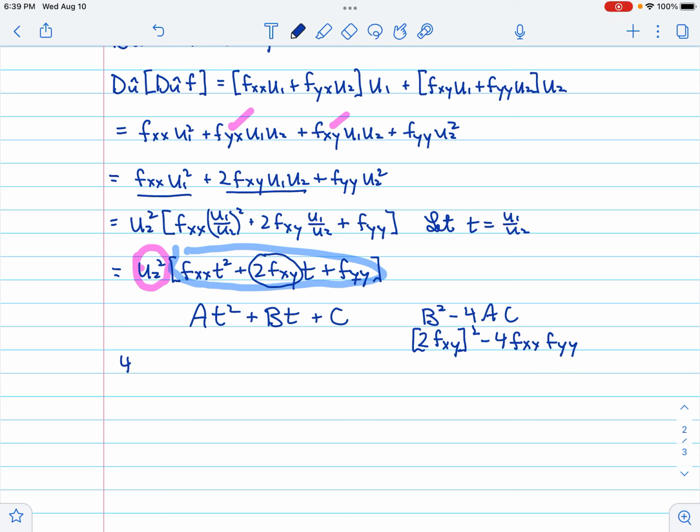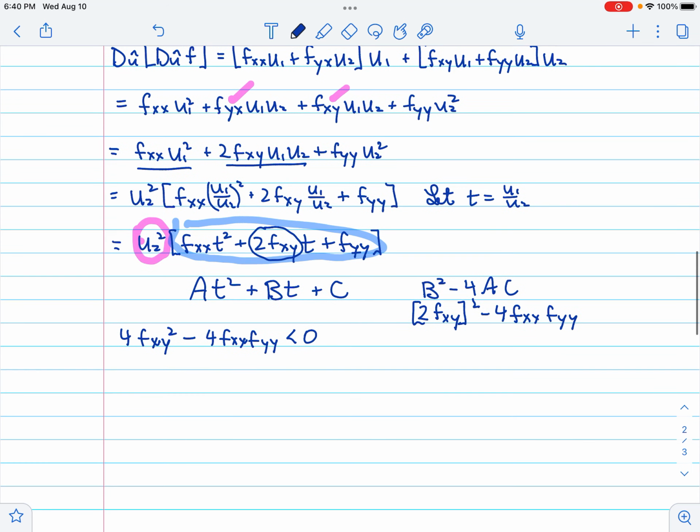We've got 4 fxy squared, minus 4 fxx fyy. And let's just set that equal to 0. Or actually, we don't need to set it equal to 0. Let's just think about what would happen if this is less than 0. Let me divide out the 4, and I'm just going to divide out the 4 for all the further discussions.